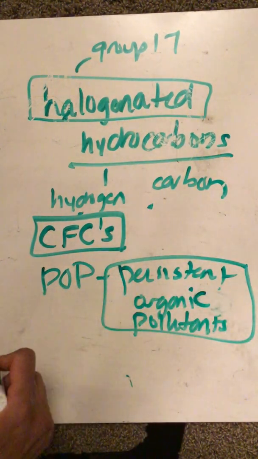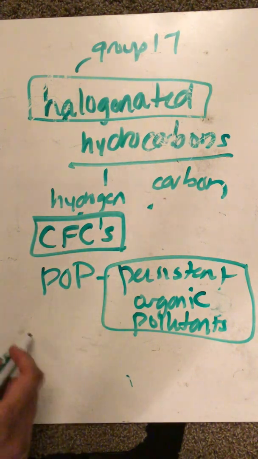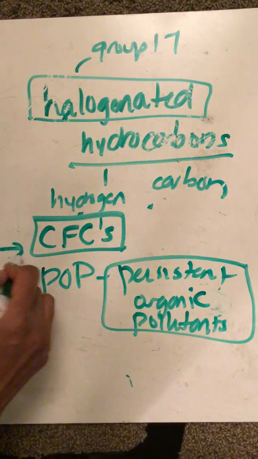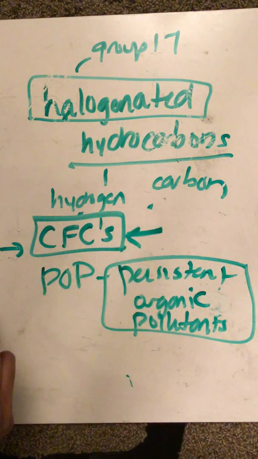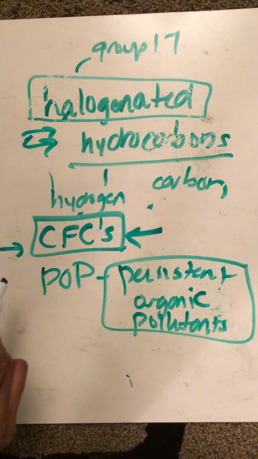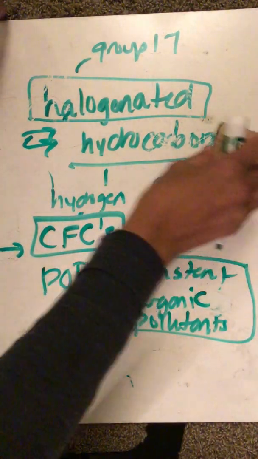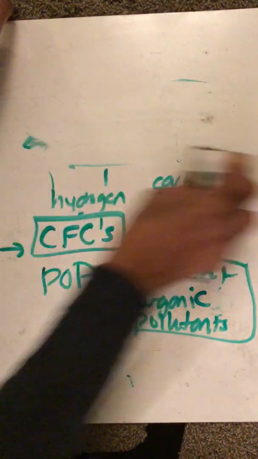They're like those benzene rings that I showed you in my last lesson. So it's really important that we moderate the amount of CFCs or any kind of halogenated hydrocarbons we release into the air, because it has a direct effect on us because it's persistent, and if it enters our body, it's not good for us either.